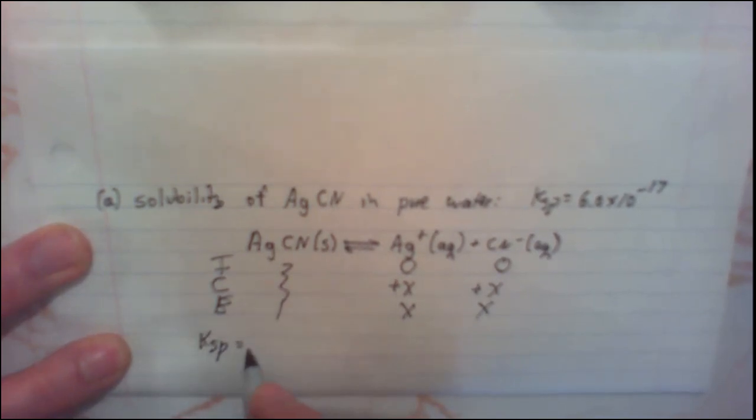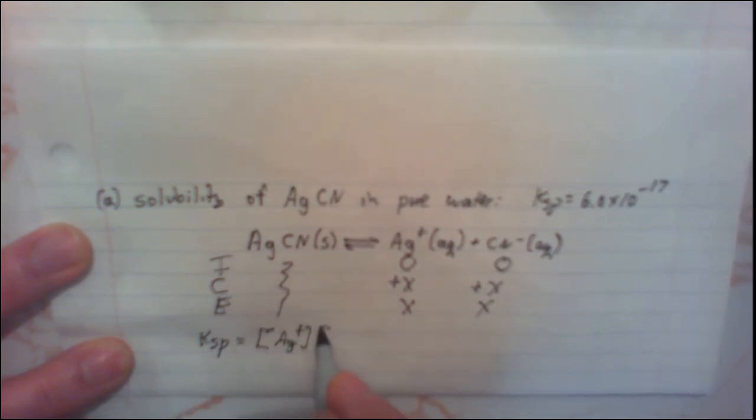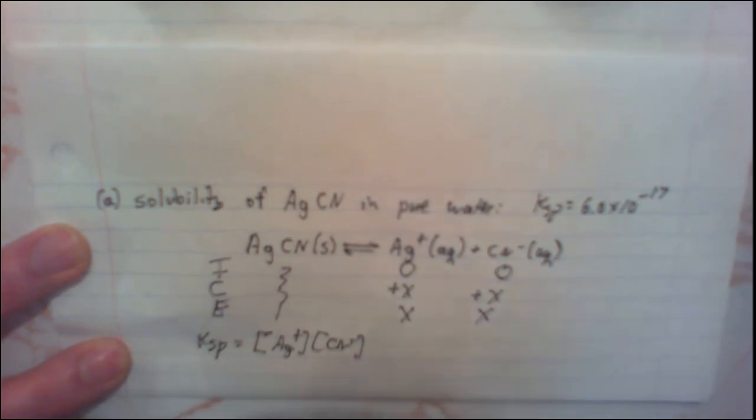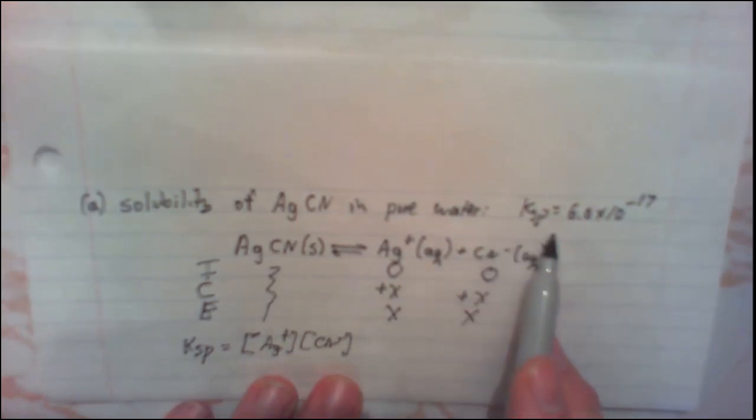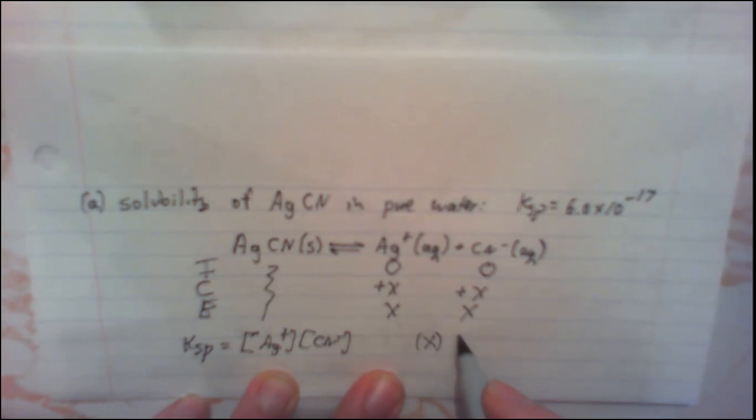The KSP expression says that at equilibrium, when you have a saturated solution of silver cyanide, when you reach the maximum amount of silver ions and cyanide ions dissolved per liter of solution, then the product of the concentrations must equal KSP. So in this case, the product of concentrations is X times X, and that must equal KSP.